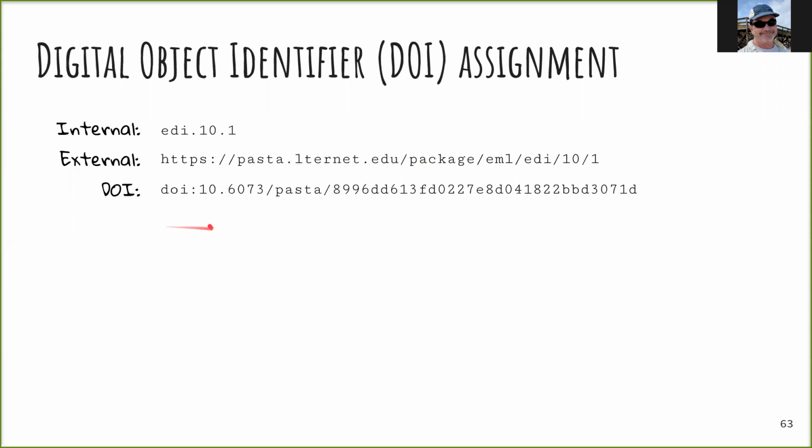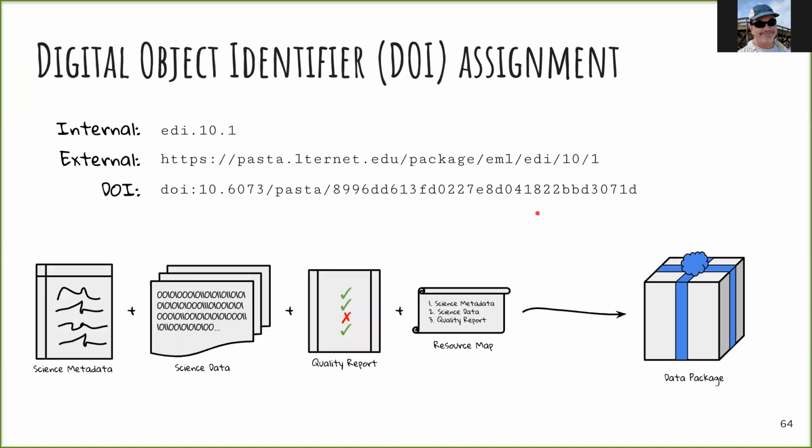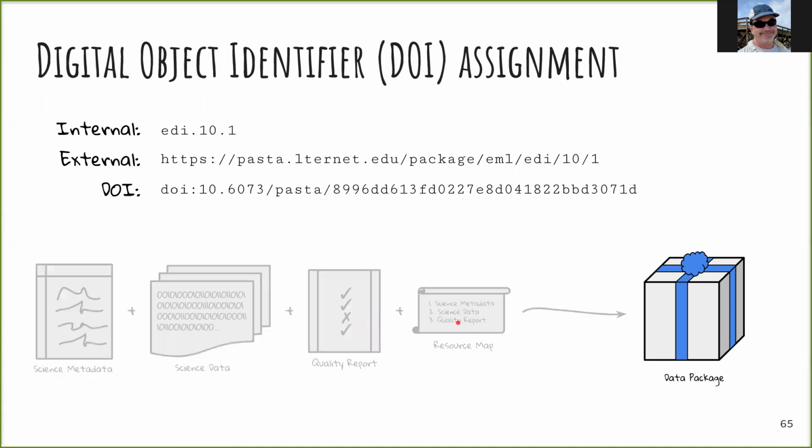All our data packages do receive a DOI. That's our shoulder, the 10.6073. And this is the unique identifier generated for that particular data package. Now again, the data package consists of multiple components: the science metadata, the science data, the quality report, and the resource map. But that DOI really only refers to the data package as a whole, not to any of those individual components.